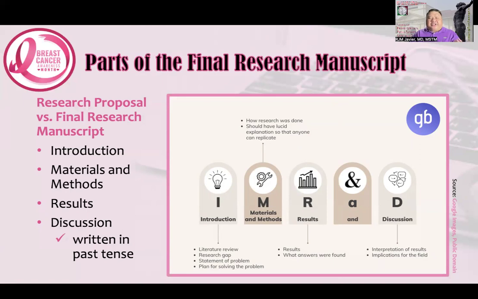Your final research manuscript, because you have already completed the study, is now written using the past tense. So you can rearrange your proposal and finally come up with your final research manuscript by the end of the first semester of your third year, when you are done with the final research implementation.